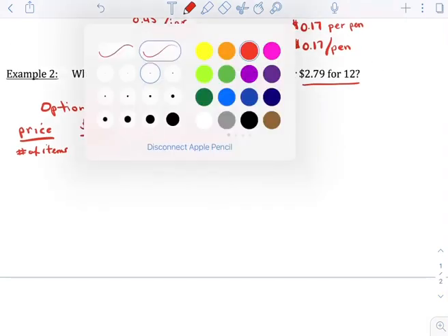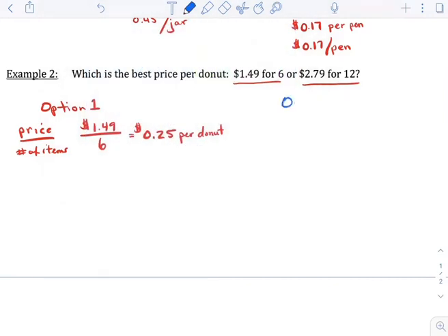So let's try the other one and see how much it's going to cost. We'll change colors just for some contrast here. So we'll look at option 2. This one, once again, it's going to be price divided by number of items. Now in this case, it's $2.79 divided by 12. So when I take $2.79 and divide by 12, I find out that it's 0.23 per donut.